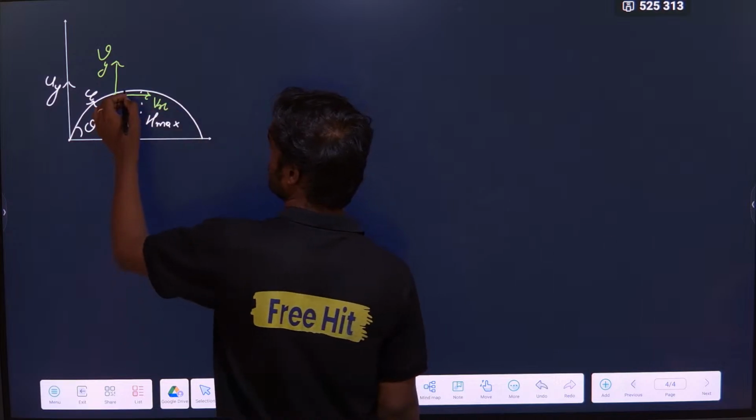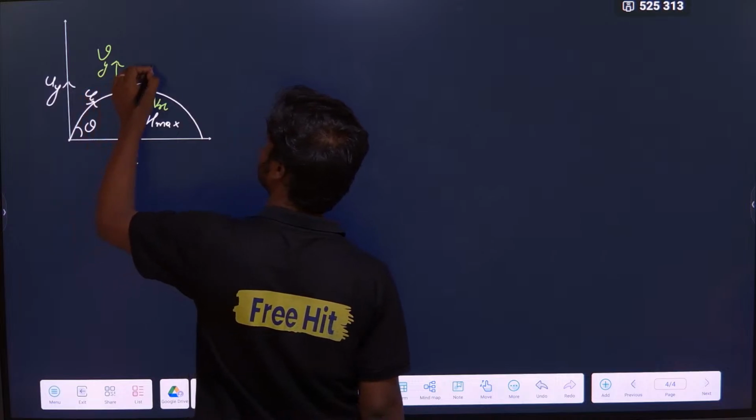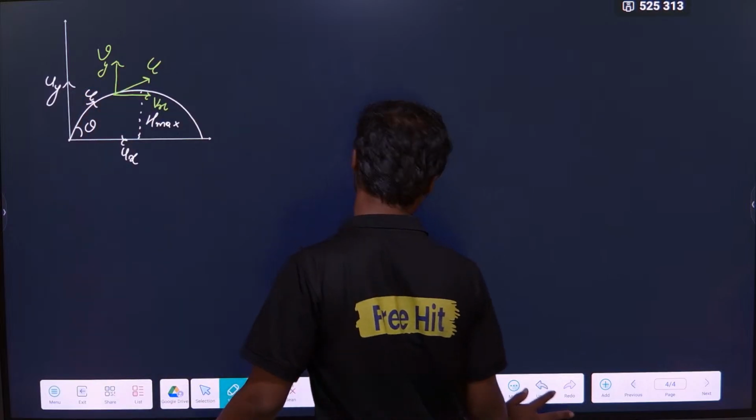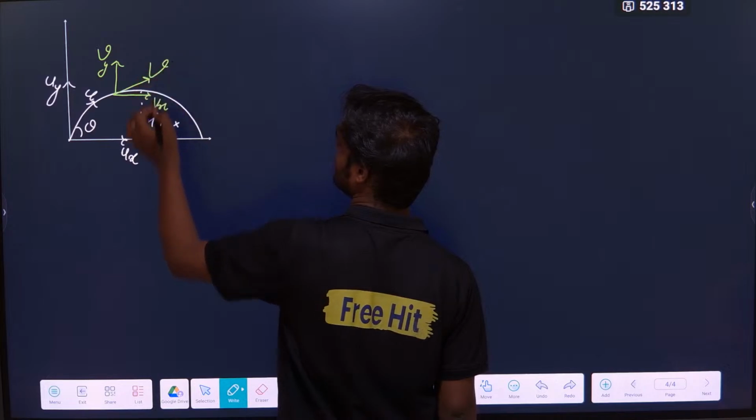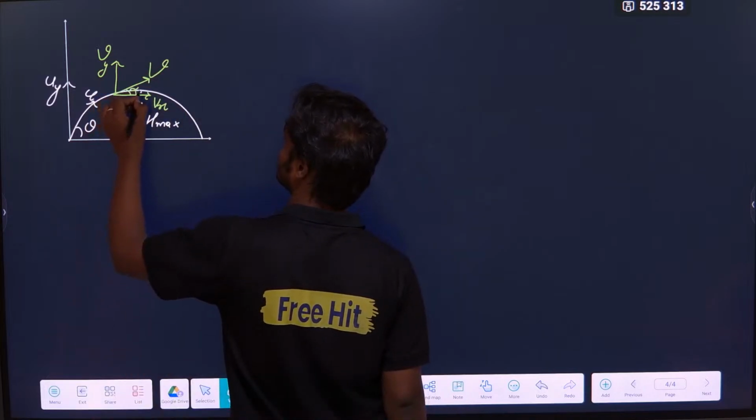Suppose we have a net velocity. The tangent on the displacement curve gives the net, instantaneous velocity, as I have told you. Suppose this angle is alpha.